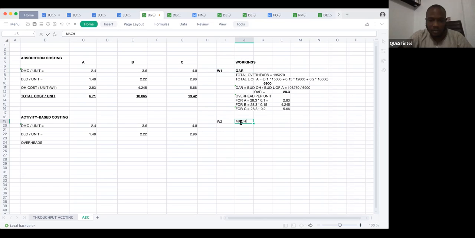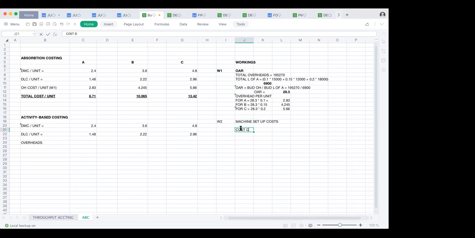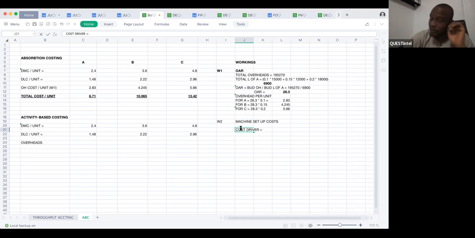So we say machine setup cost. Now, first thing we'll do is answer what's our cost driver. I said our cost driver was number of setups, number of production runs, okay, so that's our cost driver.